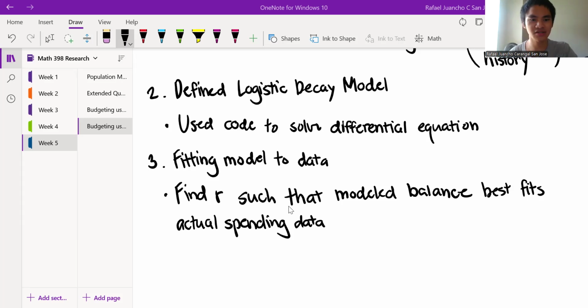So here's what I basically did. I used a loss function, some loss function that I just got off of Google.